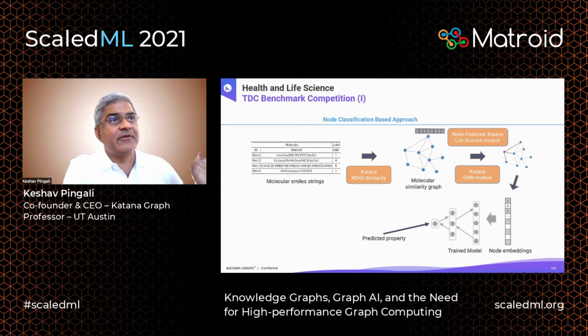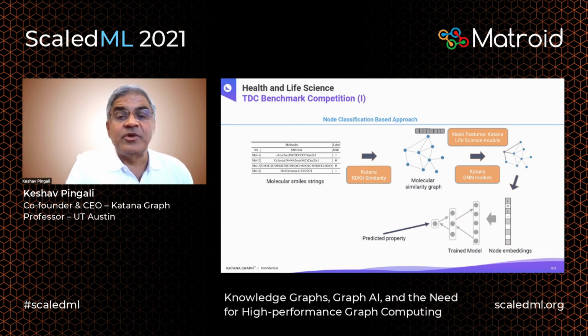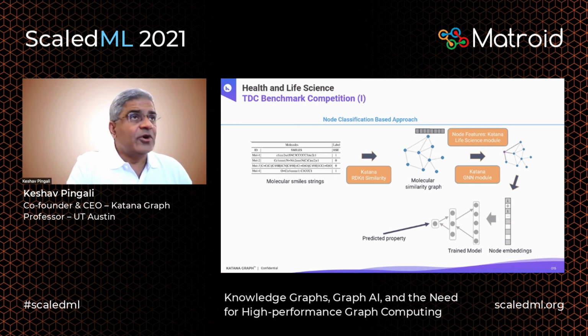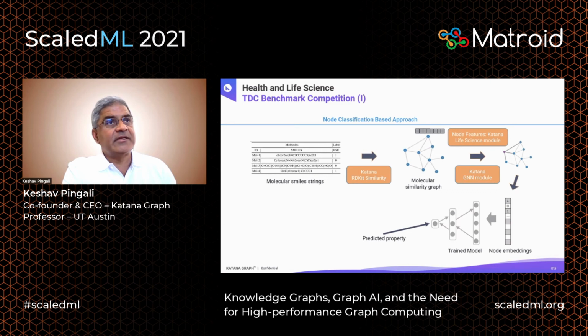In this graph, each of the nodes corresponds to a molecule, and then there's a lot of feature data that's associated with each of these molecules, including the user-defined features and then other features that our life science module determines is useful for this particular task. So given this graph, they then create embeddings for this graph using a GNN.